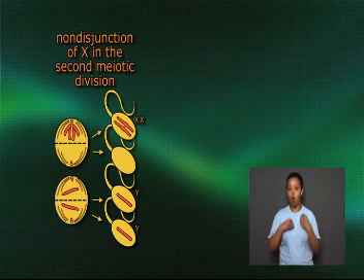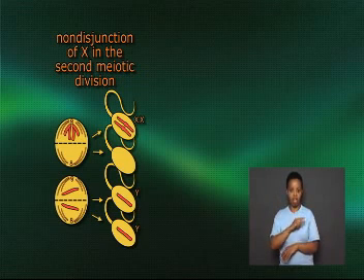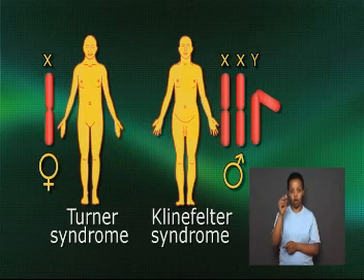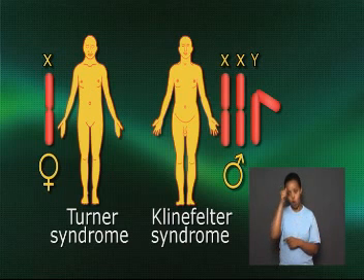Organisms with only one X chromosome develop into females with slightly masculine features. This is called Turner syndrome. In the same way, organisms with two X chromosomes and one Y chromosome develop into males with slightly female features.